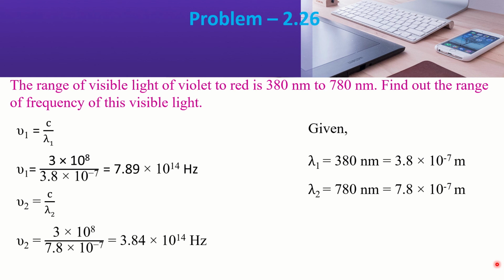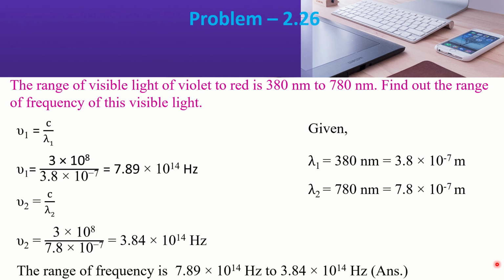So the range of visible light from violet to red is 380 nanometer to 780 nanometer, and the range of frequency of this visible light is 7.89 into 10 to the power 14 hertz to 3.84 into 10 to the power 14 hertz. This is our required answer.